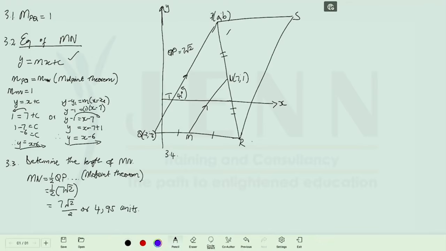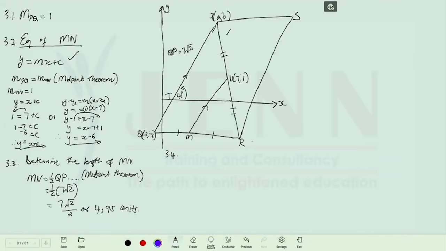Starting with trapezium, we have a square, a rhombus, a parallelogram, a rectangle, and a kite.